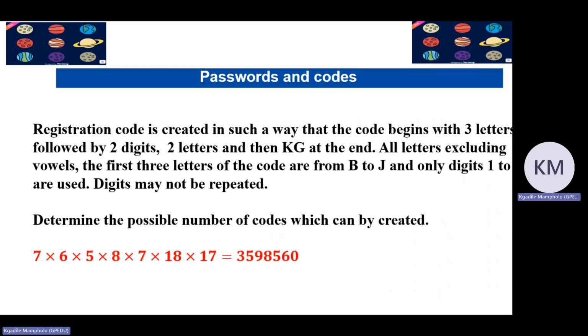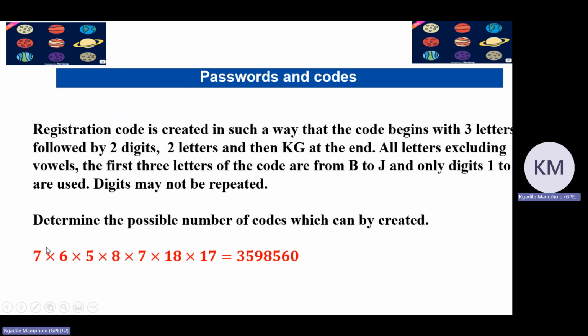And then we also exclude the numbers. We only use numbers from 1 to 8. Since this must start with the first 3 letters being B to J, and we're excluding the vowels, from B to J, excluding E, there will be 7.